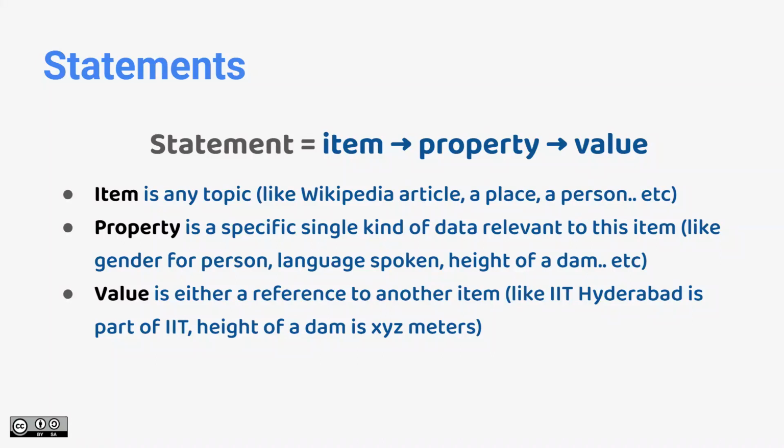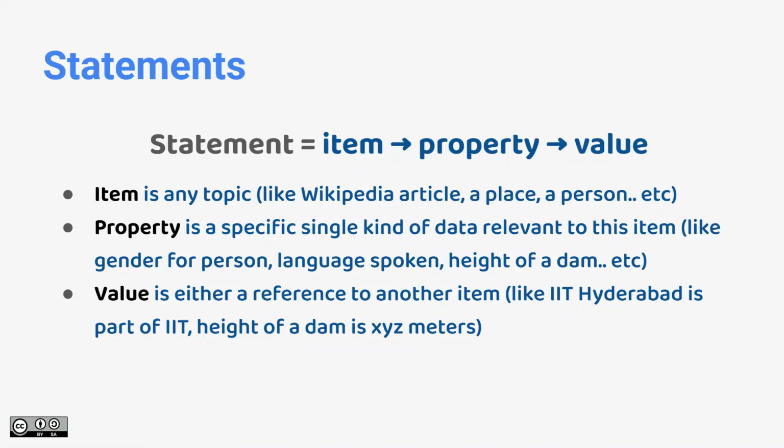Like if a person is wearing a particular t-shirt, or this person is a child of this person, the property is what interlinks the value and the item. It can be a language spoken, the height of a person, the height of a dam, or any information that we can add in the statements in Wikidata.